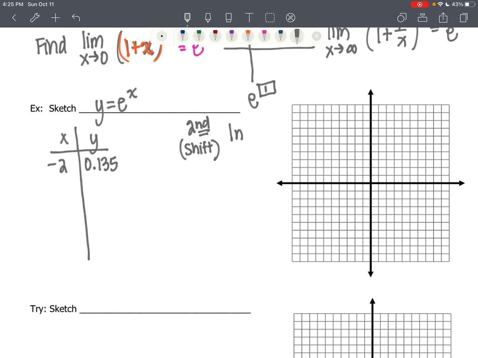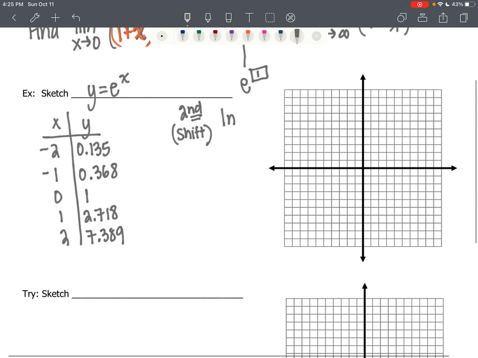In this case, we're going to put a negative 2 in for the power, which is going to give us 0.135. Negative 1 gives us 0.368. Putting a 0 in, we get a 1 out. Putting a 1 in, we get 2.718. And putting a 2 in, we get about 7.389.